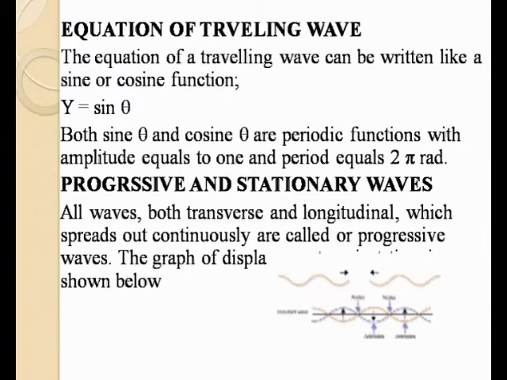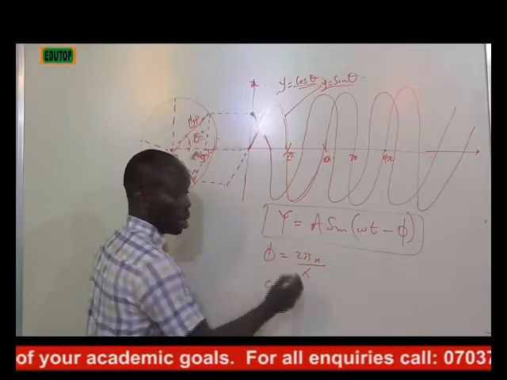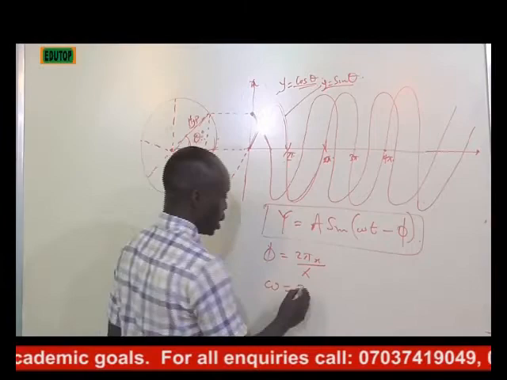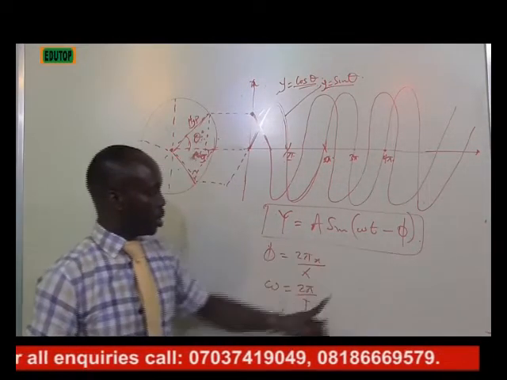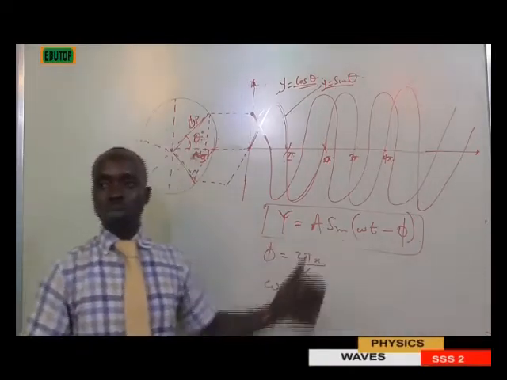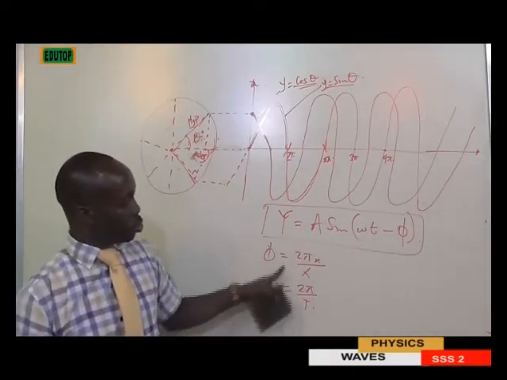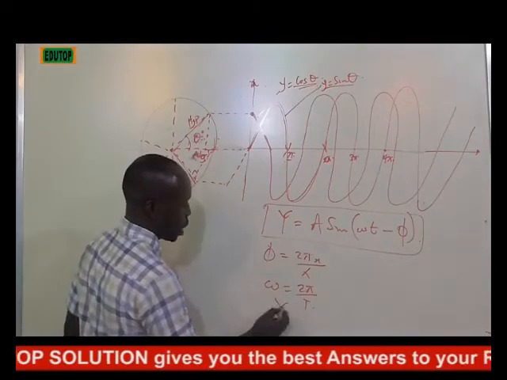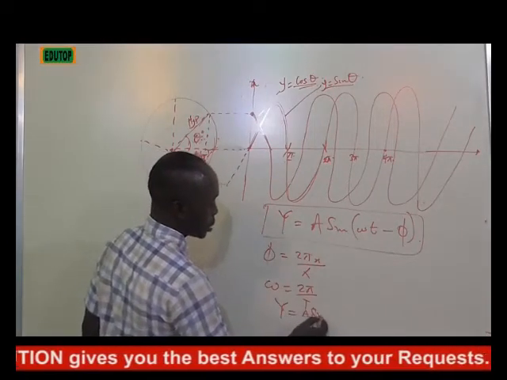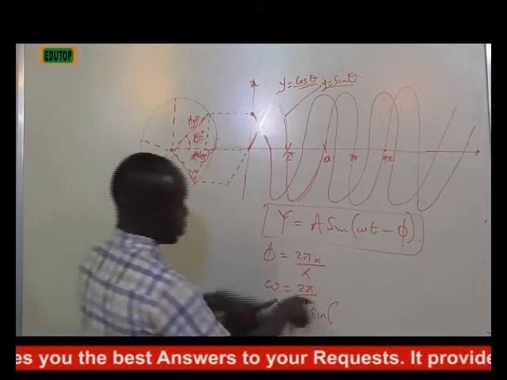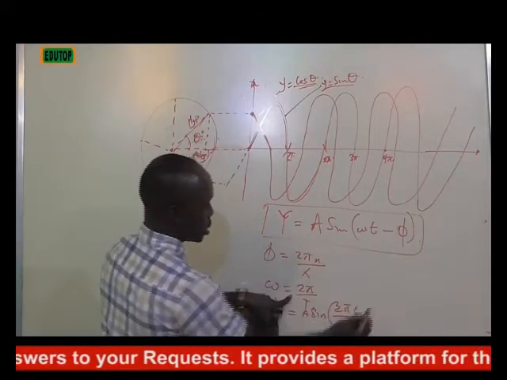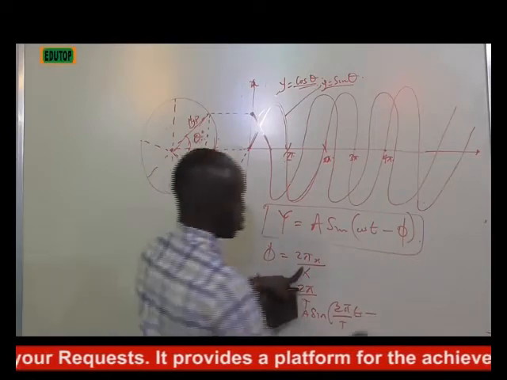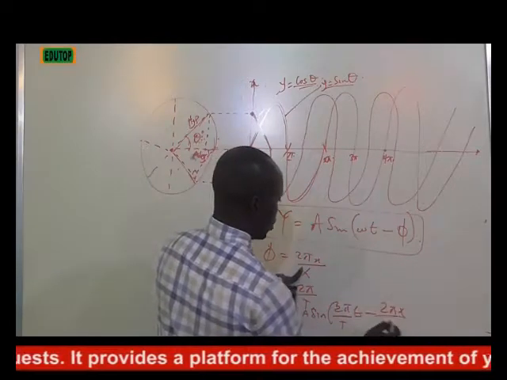Then your omega is given as 2 pi over T. By the time you substitute these two values into this equation, you have y equals A sine of (2 pi over T times small t, minus 2 pi x over lambda).